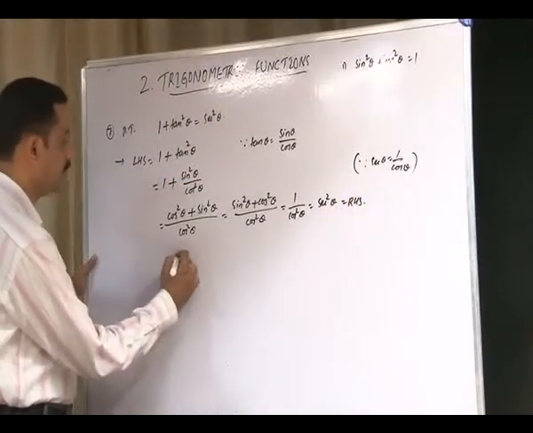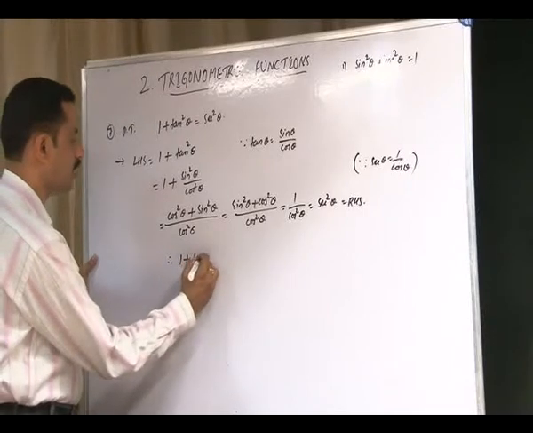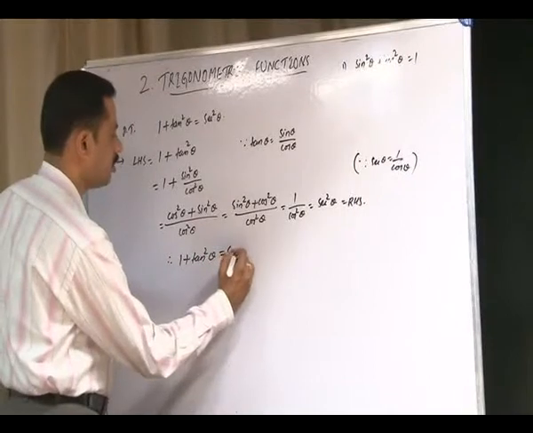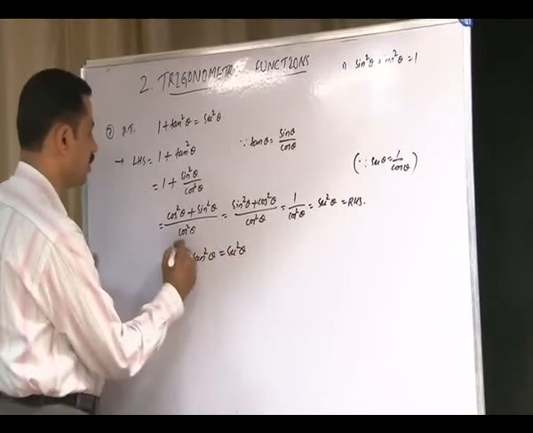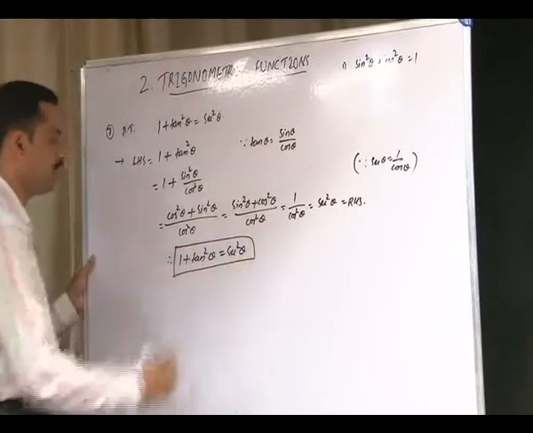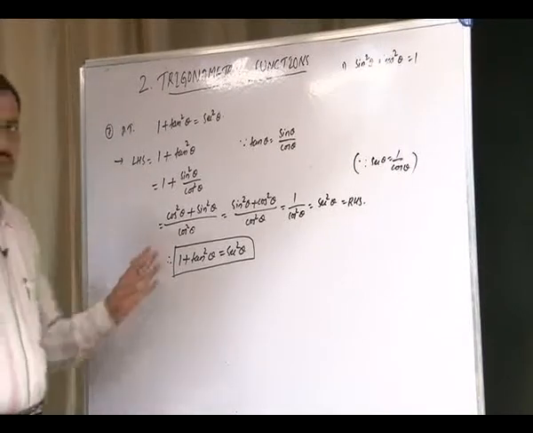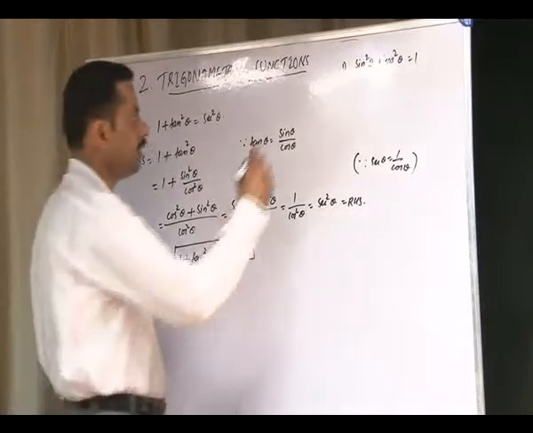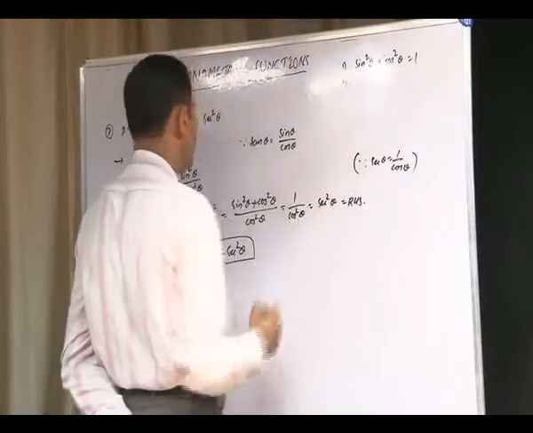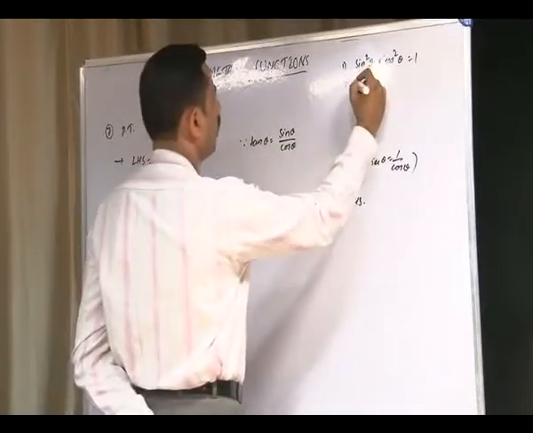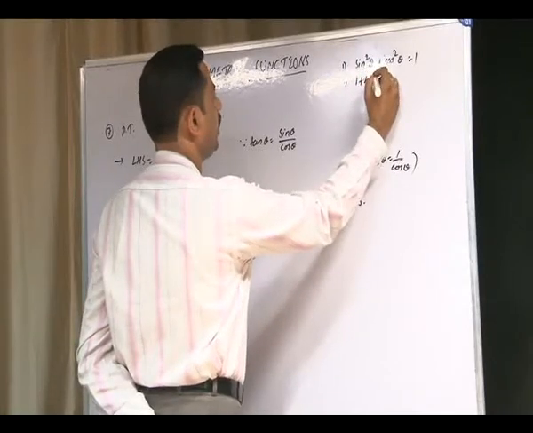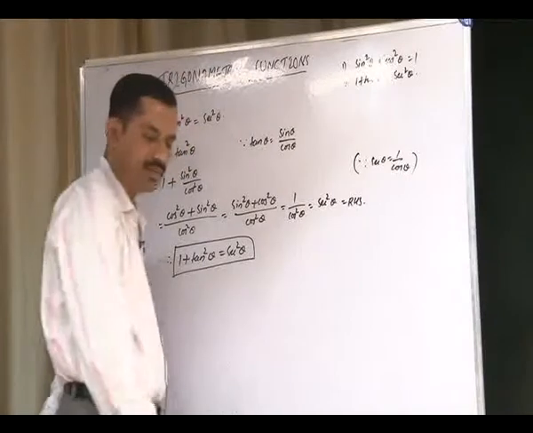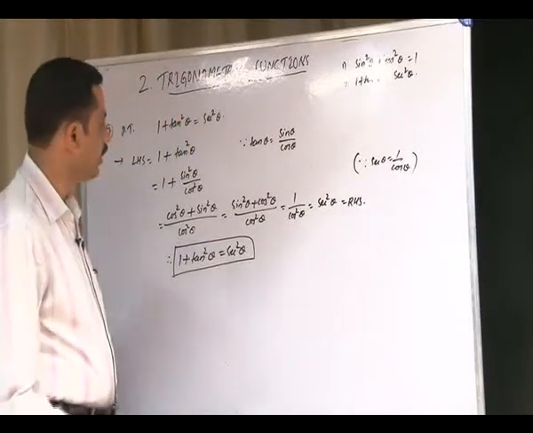Therefore, we can write 1 plus tan square theta is equal to secant square theta. So, that is the proof of this identity. This is also important. I will write here. This you are going to use to solve the problems. 1 plus tan square theta is equal to secant square theta. So, this is one identity.